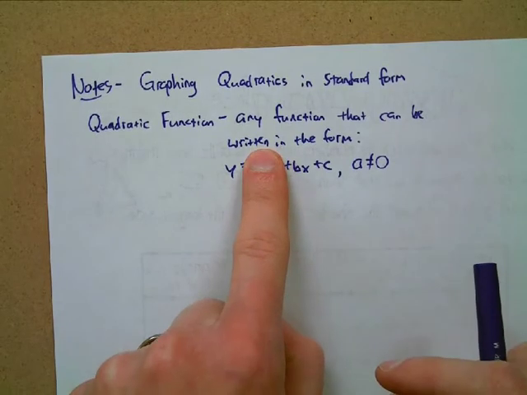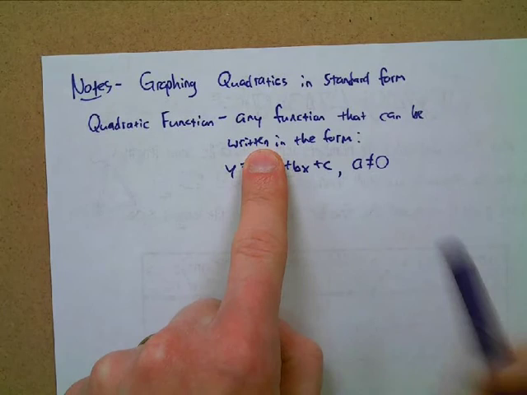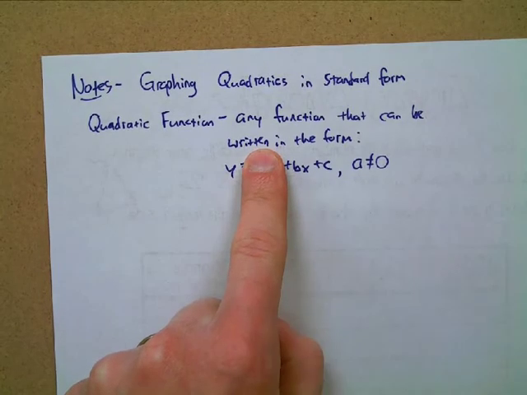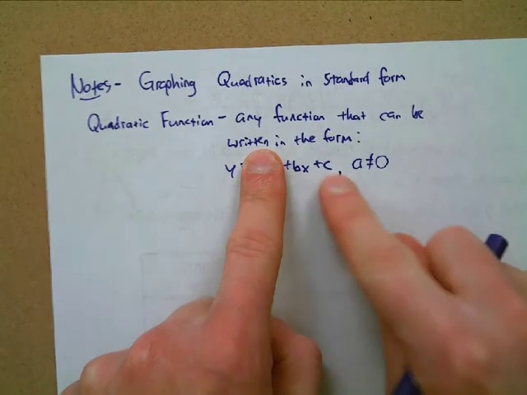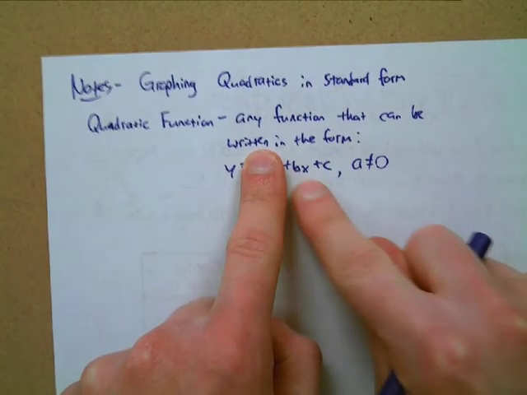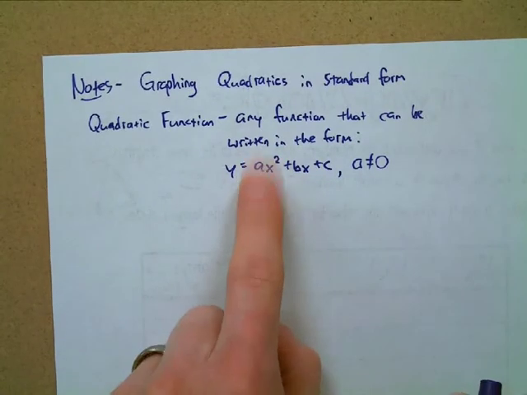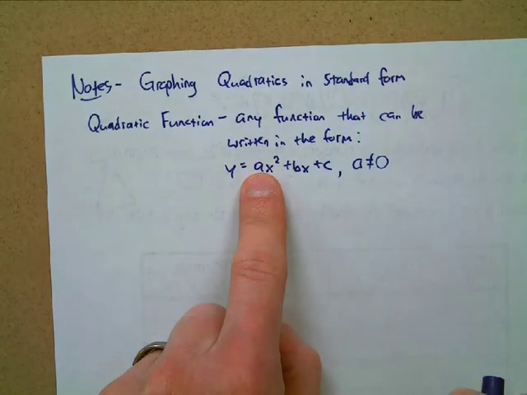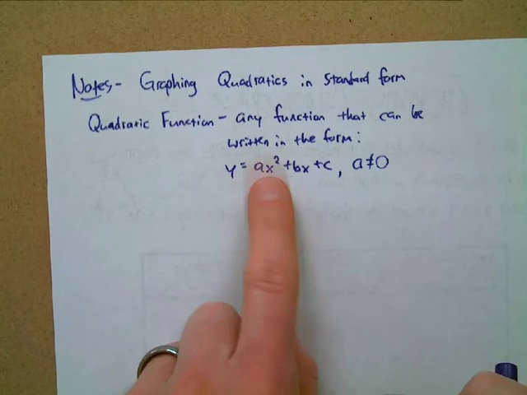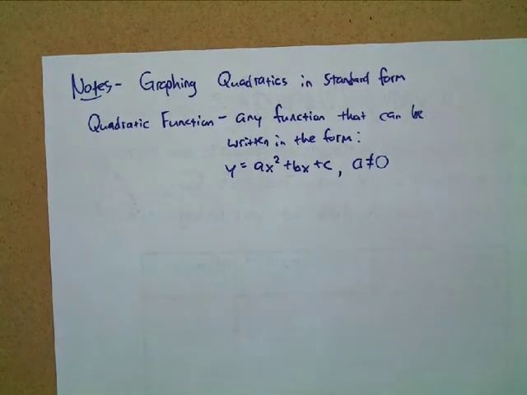Not quadratic. It'll be linear, because there's your mx plus b, your slope-intercept form. So without that a existing, you wouldn't have a quadratic. That's why we need to specify that. What if a is 0? Well, that's not quadratic.